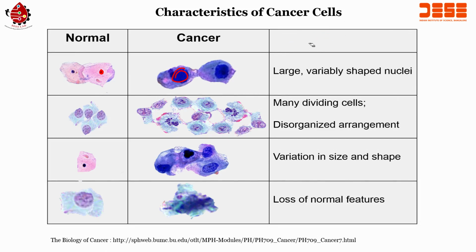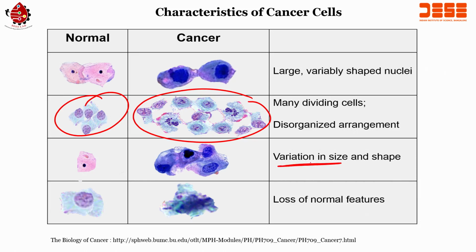Another thing is that there are many dividing cells and disorganized arrangements. In this case, you can see the normal cells are organized in a particular form. Then next is the variation in size and shape.